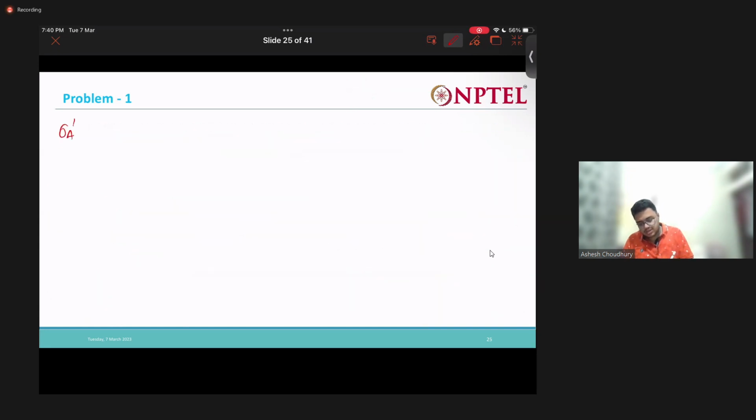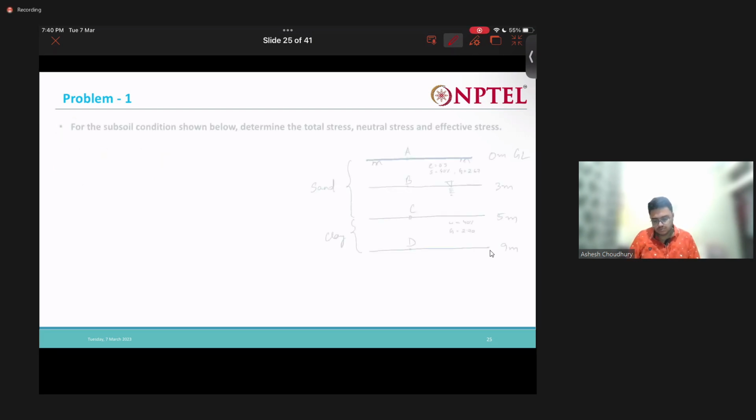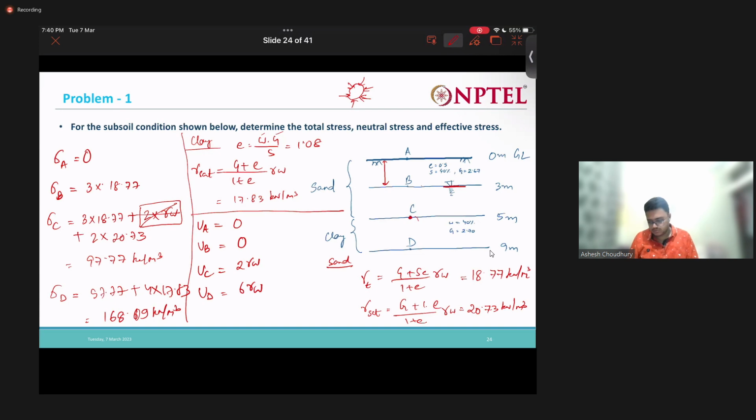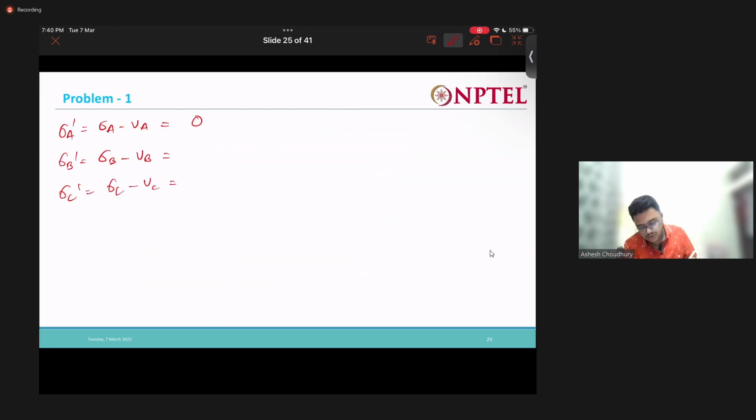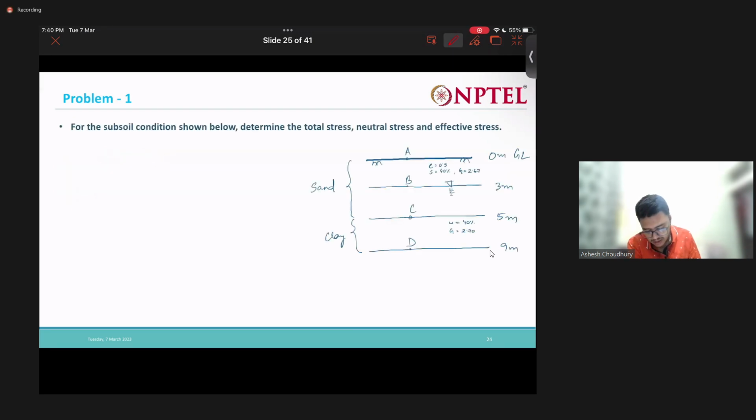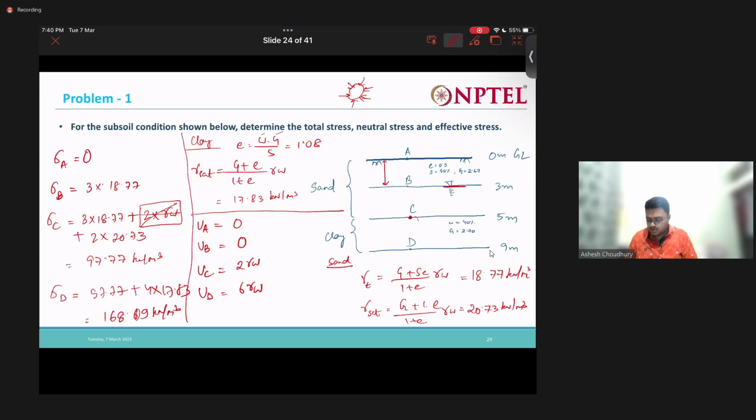So effective stress at A equals total stress minus pore water pressure. Please find out. At A, it will be 0 minus 0 is 0. What will be at B? 3 into 18.77 minus 0.